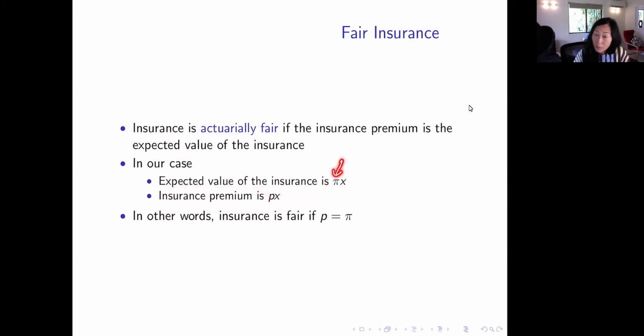So this pi, remember pi is the probability of having an accident or the probability that you will claim for the accident. P is the price per unit of insurance. So it would be a fair insurance if P is equal to pi. That the cost per unit of insurance is equal to the probability that you will claim for the insurance.